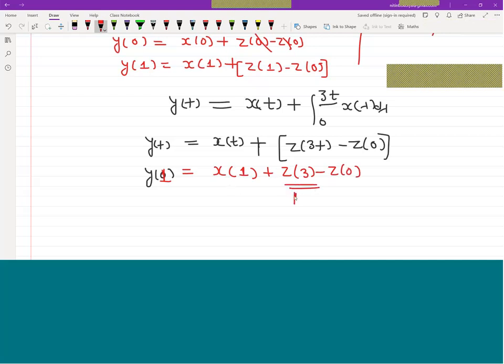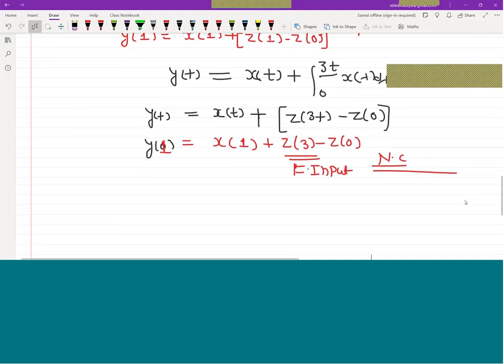Future input. That's why the system is said to be a non-causal system. So by looking at the input-output relationship, we can find whether the system is non-causal or causal.